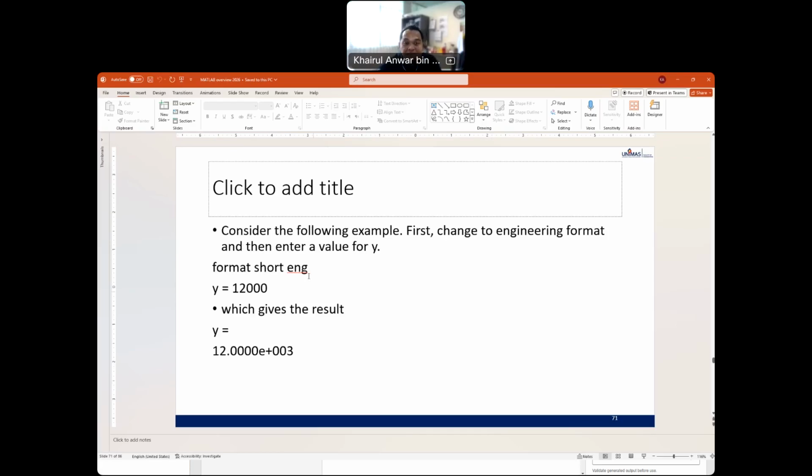So let's see, for format short ENG and y equals 12,000, this will give a value with 4 decimal points with exponent 3.